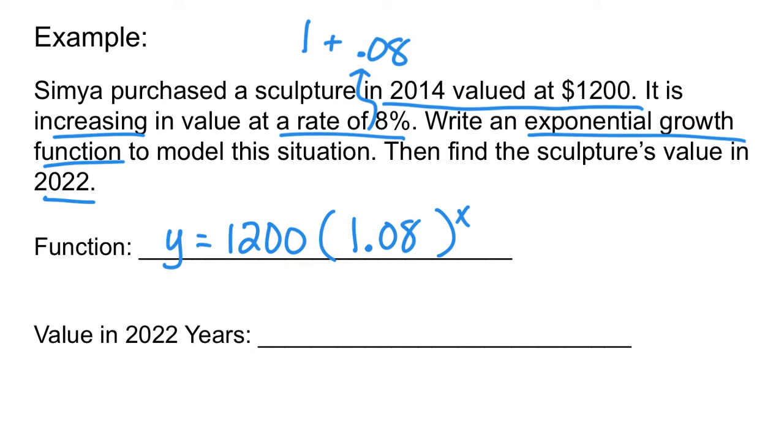So the value in 2022, not in 2022 years, I made a typo there, but that sculpture's value in 2022. Remember, if your x represents years, 2022 is 8 years after 2014. So our x is going to equal 8. We're going to put 8 in up there.